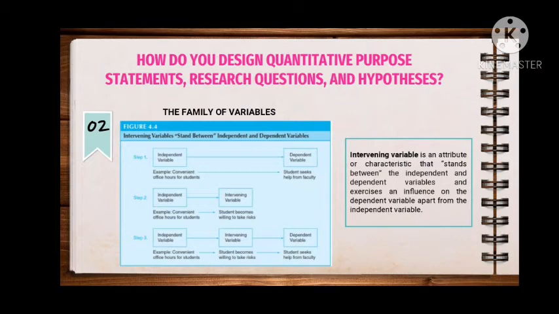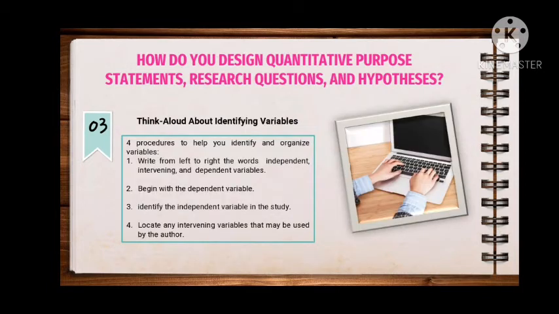Okay, we move to the next slide. It is about thinking a lot about identifying variables. Here there are 4 steps. The first is you need to write from left to right the words independent, intervening, and dependent variable, like the figure 4.4 that I mentioned in the previous slide.